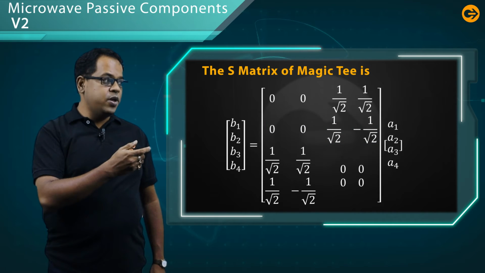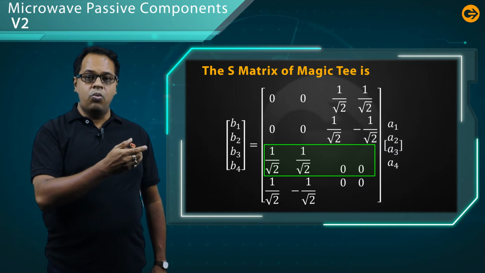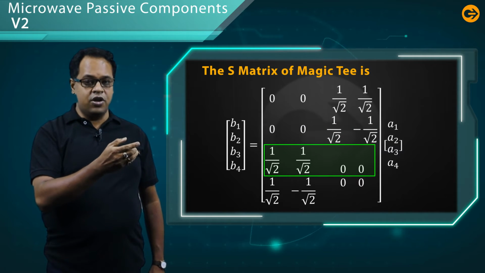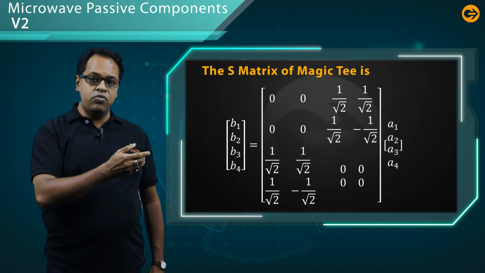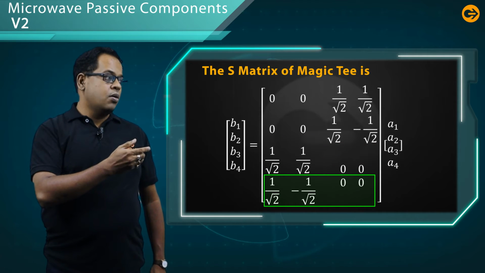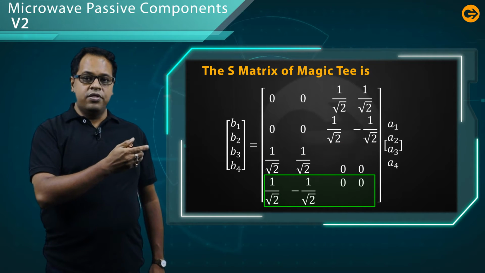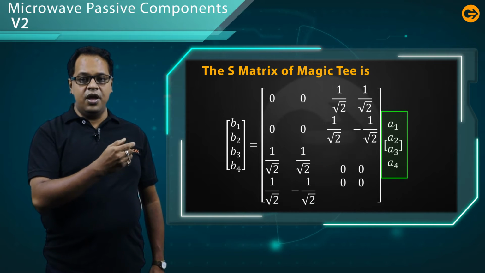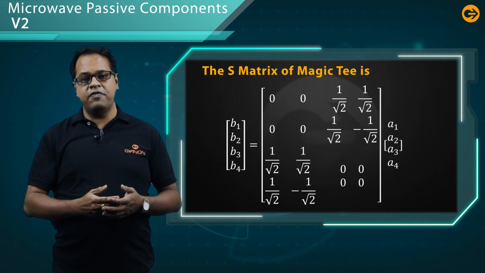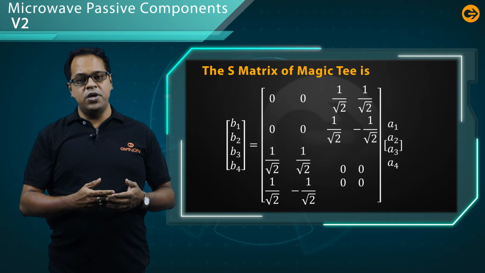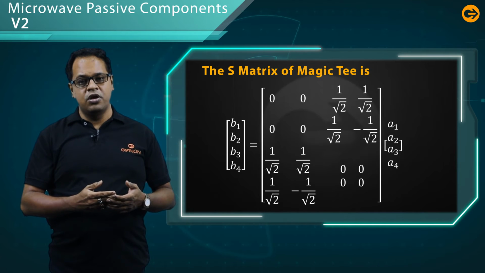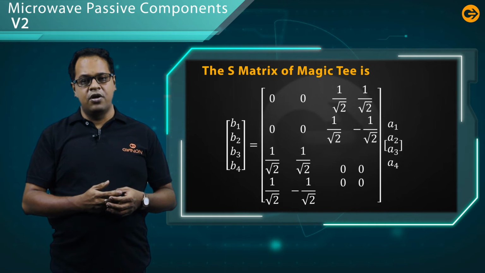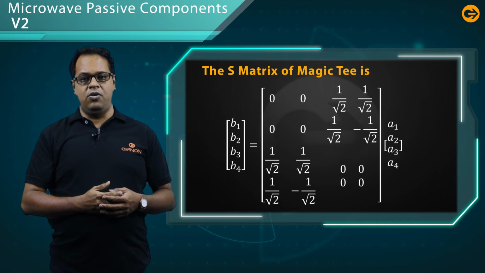The third row will be 1 by root 2, 1 by root 2, 0, 0. The fourth row will be 1 by root 2, minus 1 by root 2, 0, 0 into A1, A2, A3, A4. You are already aware of that B1, B2, B3, B4 are the output signal or power and A1, A2, A3, A4 are the input signal or power.